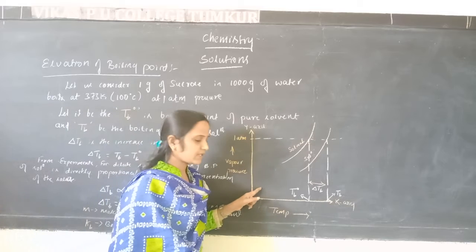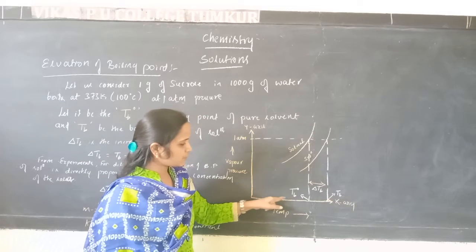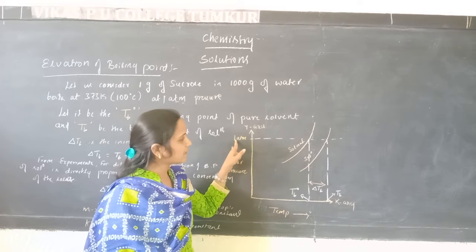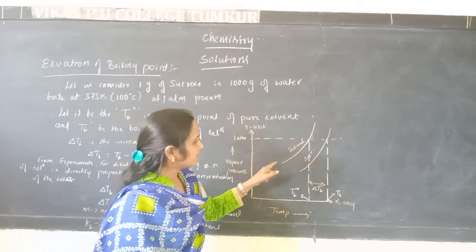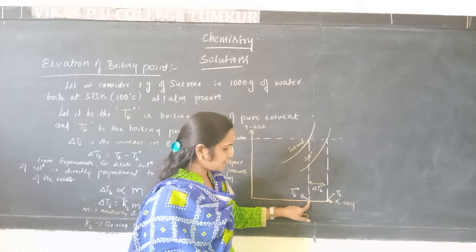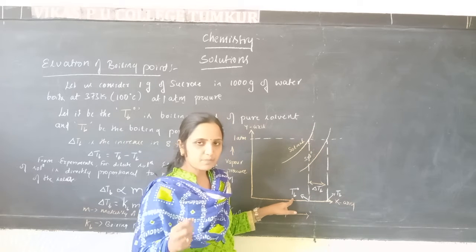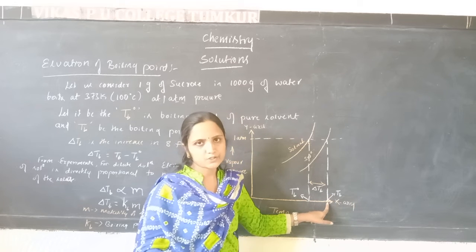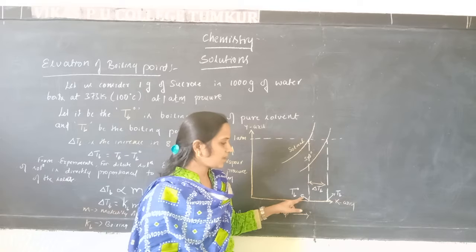In this graph, temperature is drawn on the x-axis and vapor pressure on the y-axis. You can observe that the temperature of the solvent is lower than the temperature of the solution, that is the boiling point of the solution.